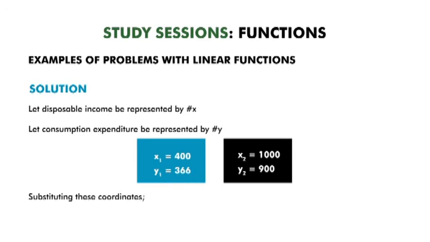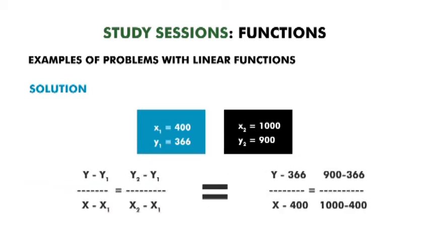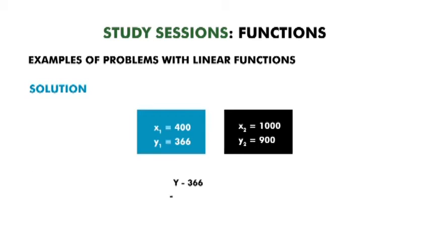Substituting these coordinates, going by the formula, y minus y1 over x minus x1 equals y2 minus y1 over x2 minus x1, y minus 366 over x minus 400 equals 900 minus 366 over 1,000 minus 400. So y minus 366 over x minus 400 equals 534 over 600.